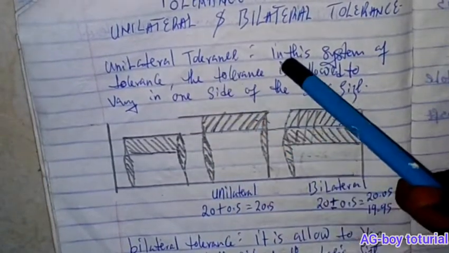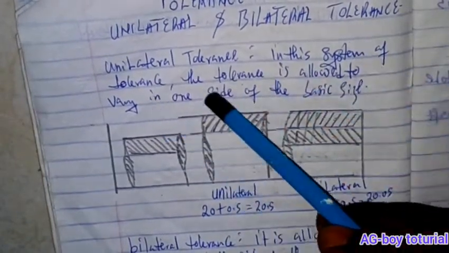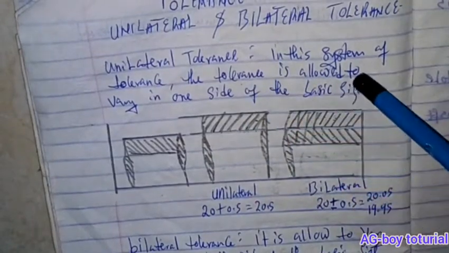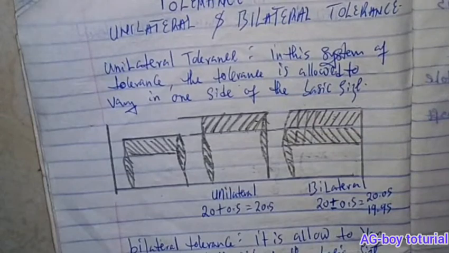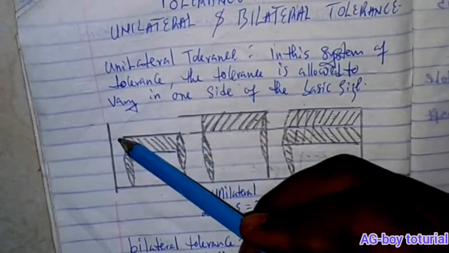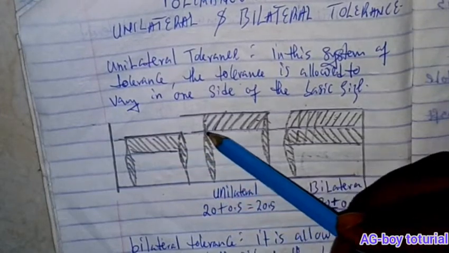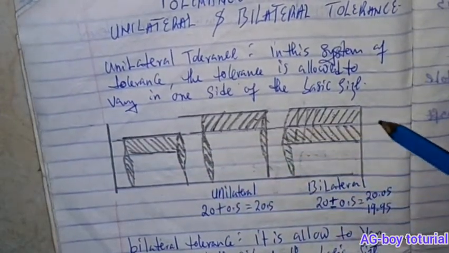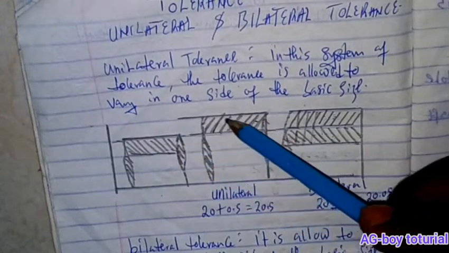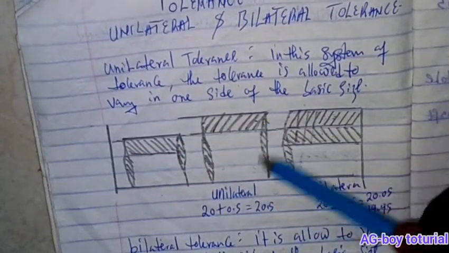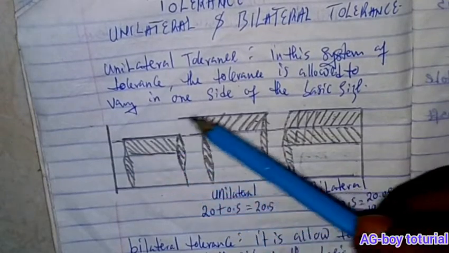Unilateral tolerance. In this system of tolerance, the tolerance is allowed to vary on one side of the basic size. Now, this is my basic size. From this line, trace down is my basic size. Imagine that this is my hole and this is my shaft.